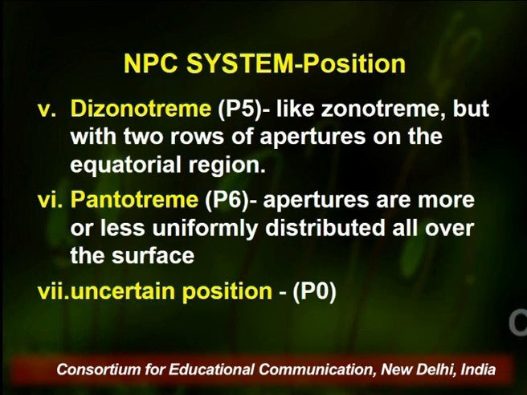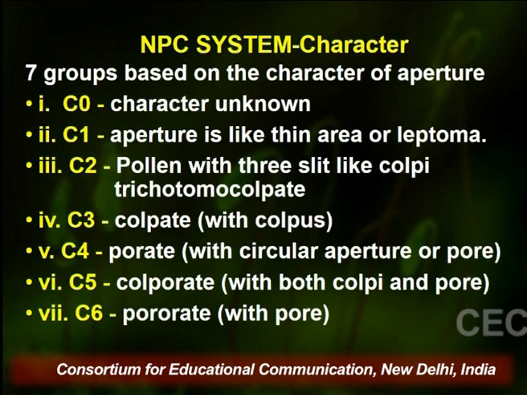In pantotrim, apertures are more or less uniformly distributed all over the surface of the pollen. And when we are not certain about the position of these apertures, then it is referred to as P0. The third part of this NPC system is the character of the apertures.